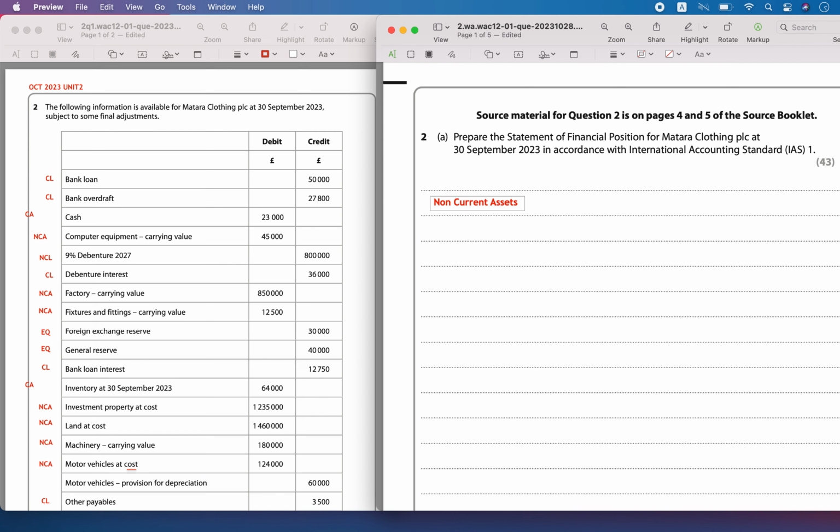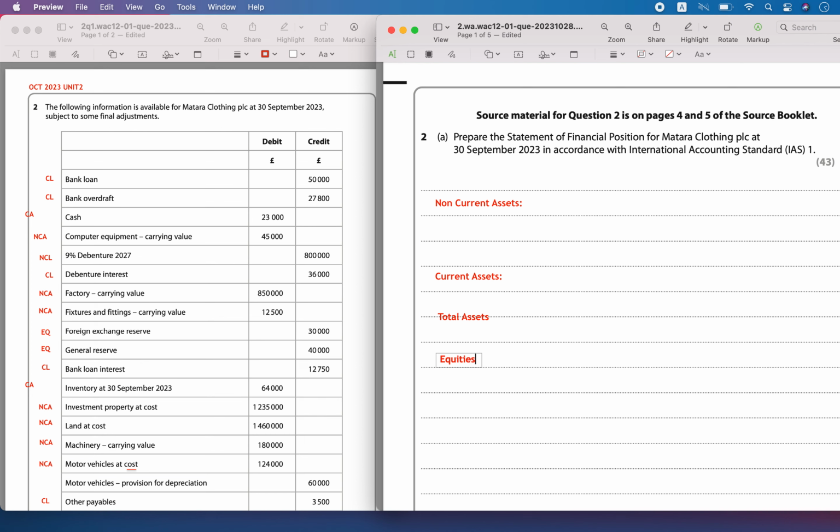Assets, non-current assets. Then you have current assets. Then you are supposed to calculate total assets. Then equity and liabilities.